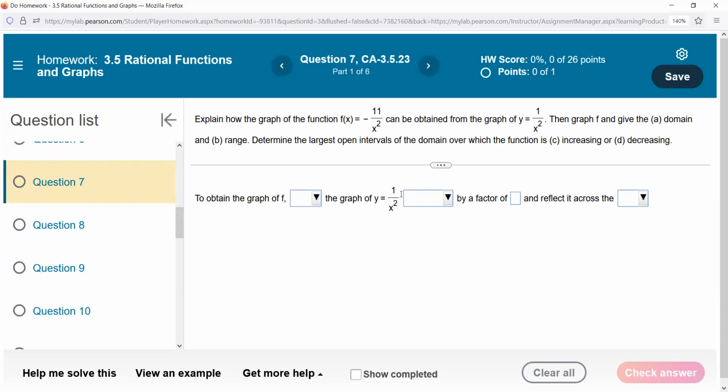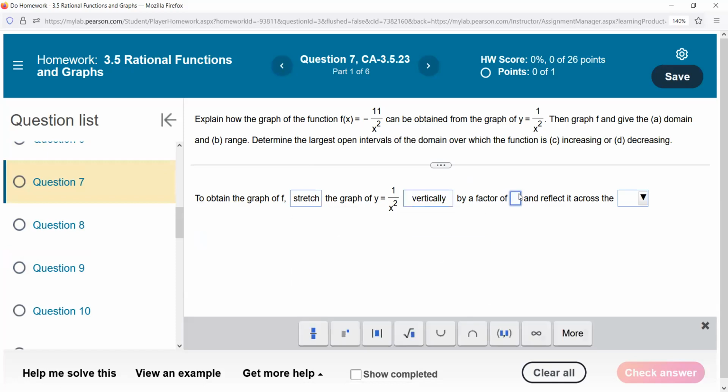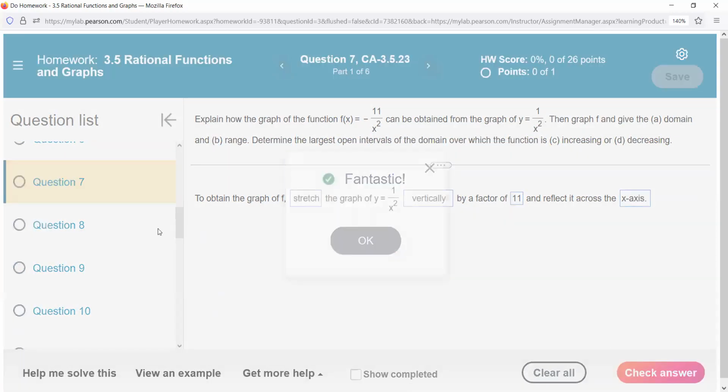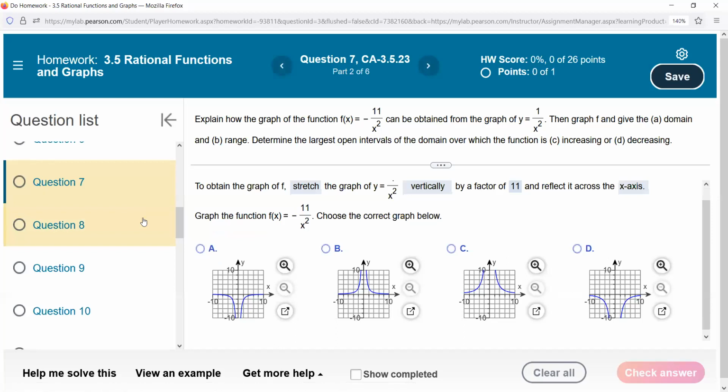So to obtain the graph of f, we have -11. We're going to stretch the graph of y equals x squared vertically by a factor of 11 and reflect it across the x-axis. And that's it. So you don't need to graph anything.